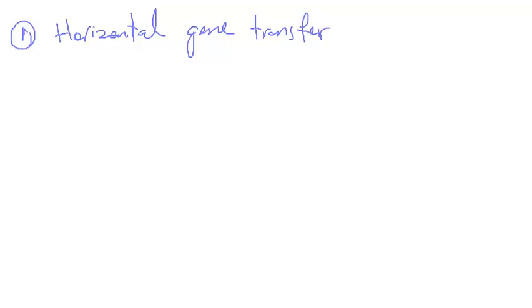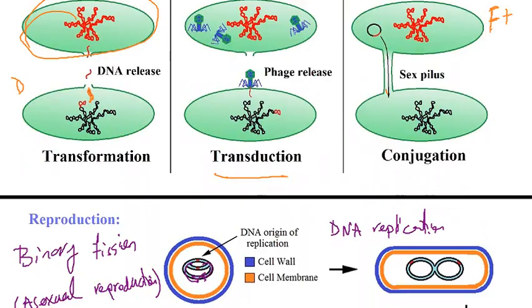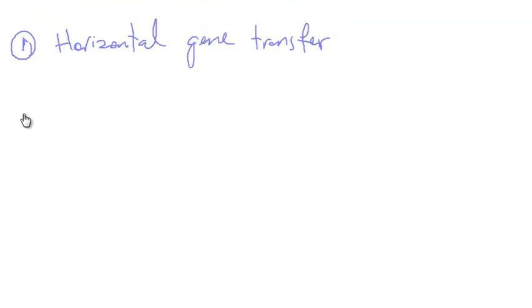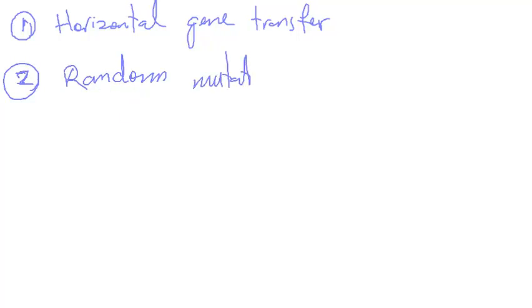So these methods of gene transfer that we just discussed are horizontal gene transfer that gives variation to the bacterial genome. Other modes of developing more genetic variation is via random mutations that happen in the genome of bacteria. Okay, and it helps these bacteria to adapt to new environments.